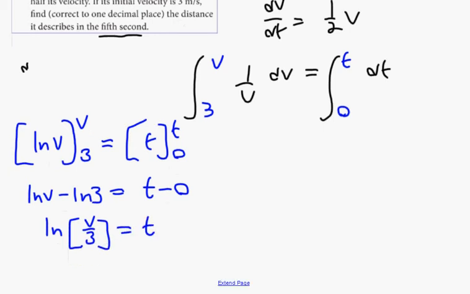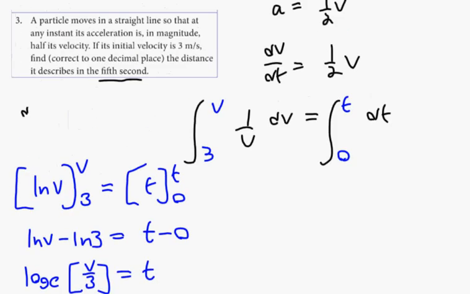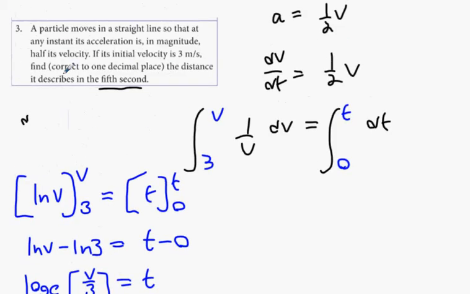Then remembering that ln actually means log to the base e, what can we do next? Anybody? Next step. v over 3 equals e to the power t. Wait a second. Did I miss a half?